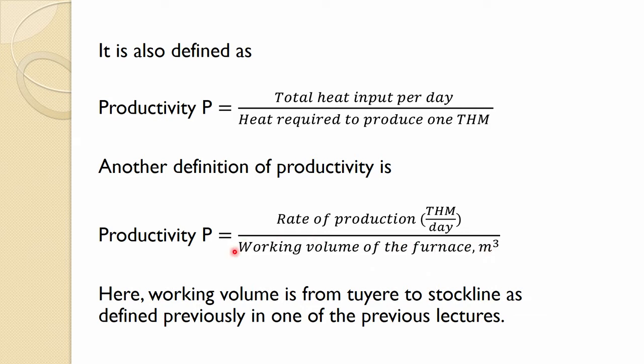The working volume of the furnace we have defined before in the beginning of this course. As such, the working volume is from tuyere to stock line that we take in calculation of this productivity definition.